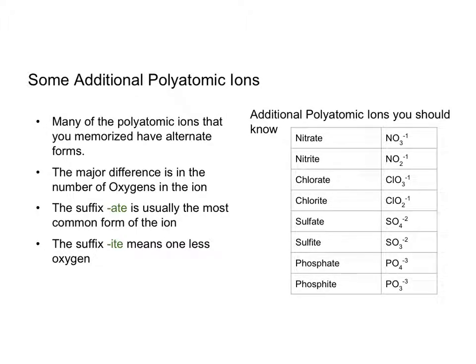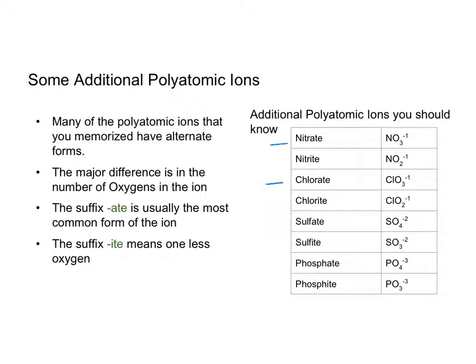So for example, looking at my list of additional polyatomic ions you should be aware of, nitrate, the most common form, the one you had to memorize, is NO3 minus 1. Nitrite, which you didn't have to memorize, is NO2 minus 1. Chlorate, something you had to memorize, is ClO3 minus 1. Chlorite is ClO2 minus 1.